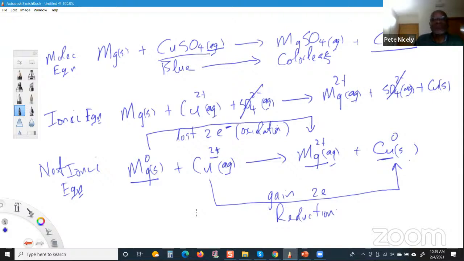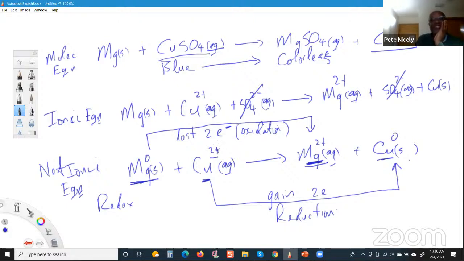So this is a simple example of what we call a redox reaction, where the magnesium is undergoing oxidation because it's losing 2 electrons to form the magnesium 2+ ion, while the copper 2+ is undergoing reduction by gaining 2 electrons to form the copper without any charge, all right? So this is what happens in every redox reaction. You have something losing electrons and you have another thing gaining electrons to form the products.